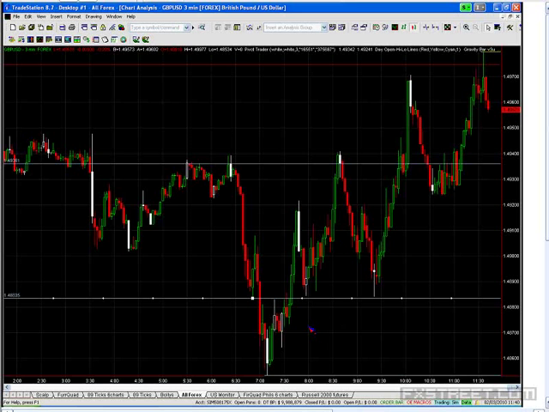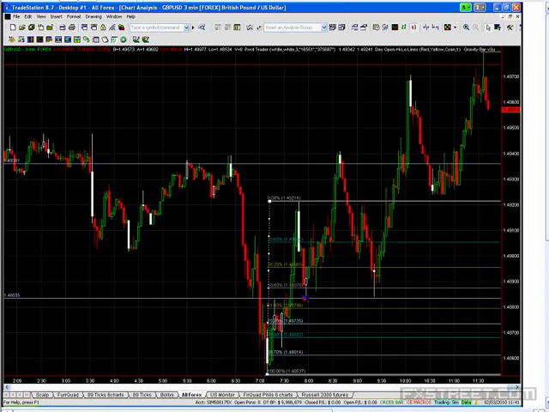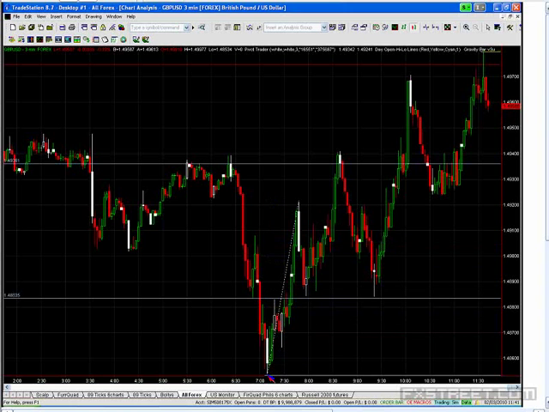Now then, yes, I do use fib as well. And after a little while, you get used to where these fibs are. You can see that on this first move up, price came down to the 50%. We could actually put the extension grid on and just look at the move that went up to there and project it forward from there.